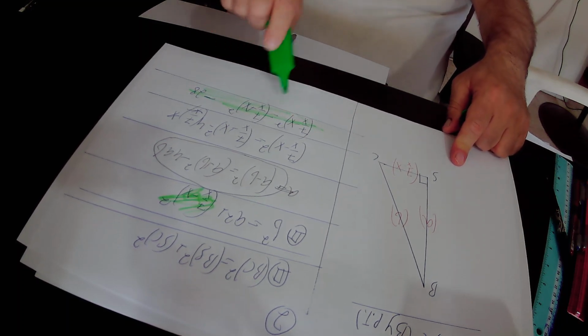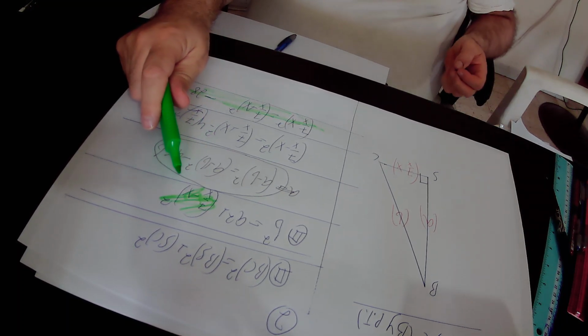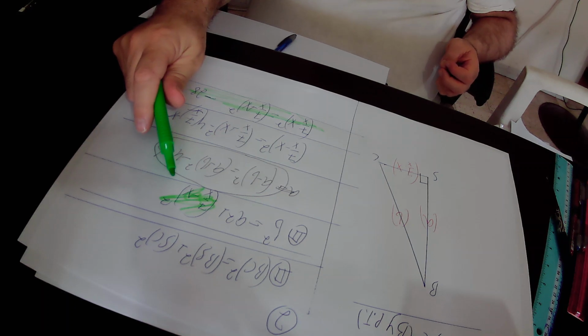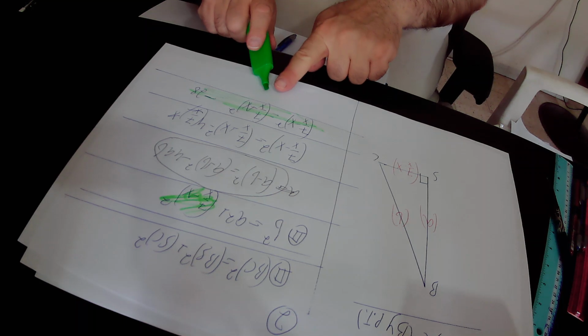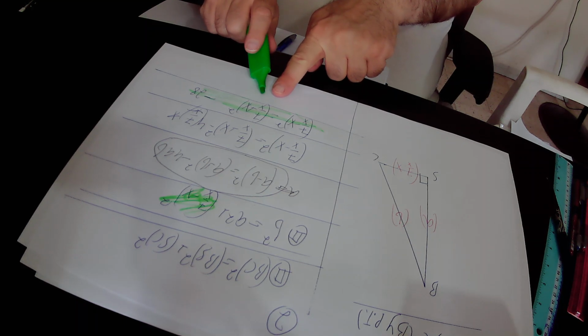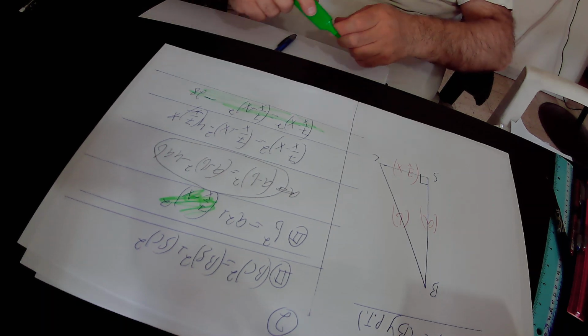Therefore, we can substitute 7 over X minus X squared in equation 2 by this expression, which equals 7 over X plus X squared minus 28.